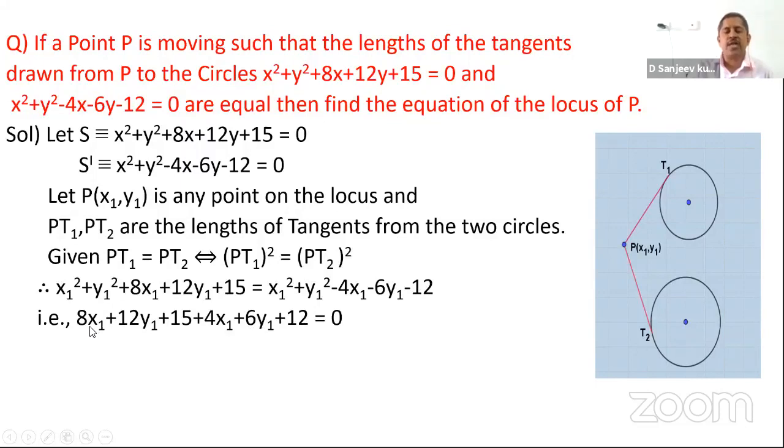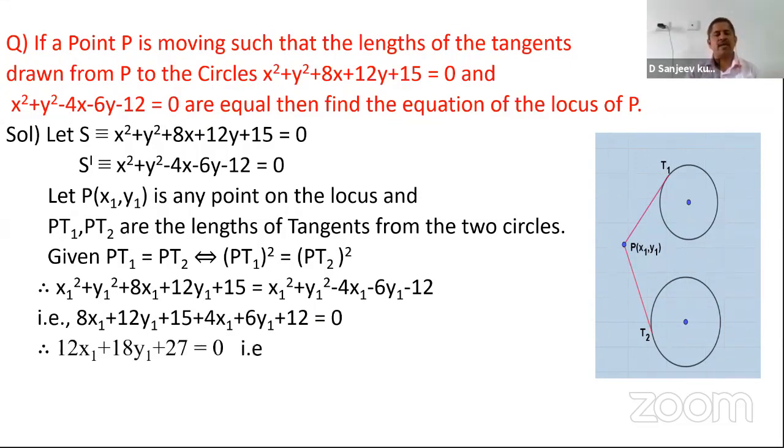So you got the equation as 8x1 plus 12y1 plus 15 plus 4x1 plus 6y1 plus 12 is equal to 0. So you got 8x1 and 4x1. What should be the value here? 8 plus 4 is 12. 12y1 and 6y1 is going to be 18. 15 plus 12 is 27. So you get 12x1 plus 18y1 plus 27 is equal to 0.